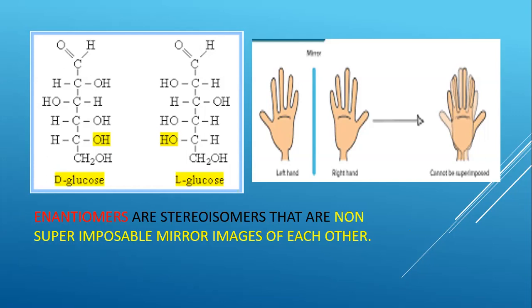The thumb will not be on top of the other. That's why I cannot wear my right shoe on my left foot, and I cannot wear my left shoe on my right foot, because my feet, though mirror images, are non-superimposable.